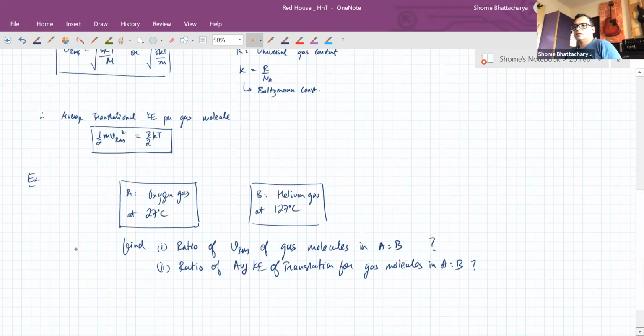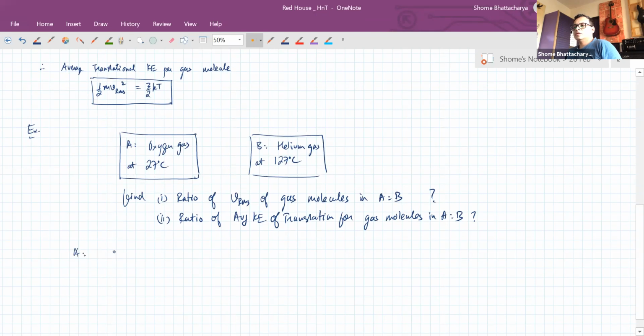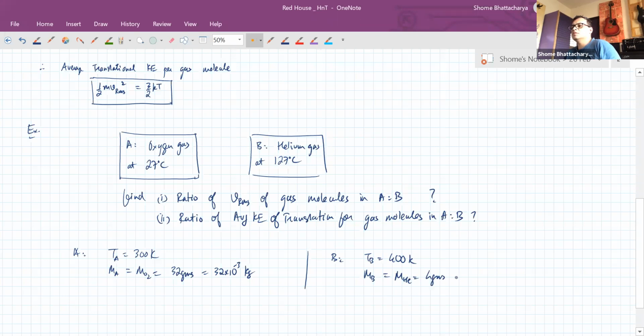You can see that in chamber A, your temperature is 300 Kelvin and the molecular mass is of oxygen. So it is 32 grams or 32 into 10 raised power minus 3 kg. Whereas in your chamber B, the temperature absolute value is 400 Kelvin and the molecular mass is that of helium, which is 4 grams or 4 into 10 raised power minus 3 kg.